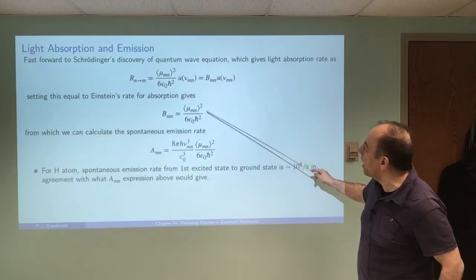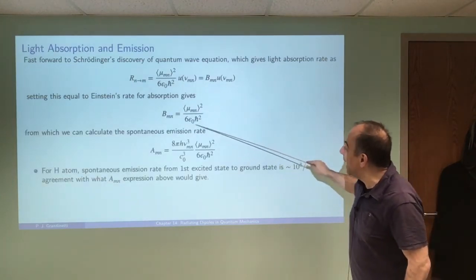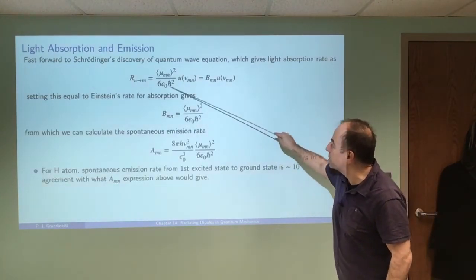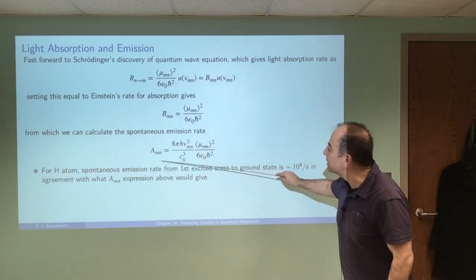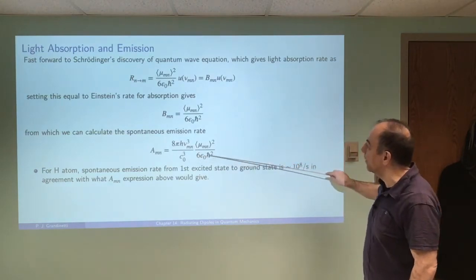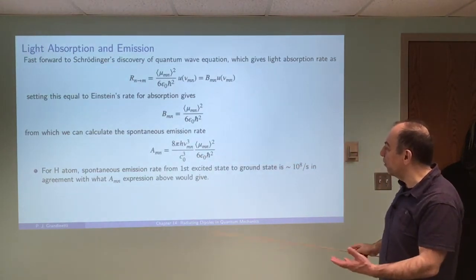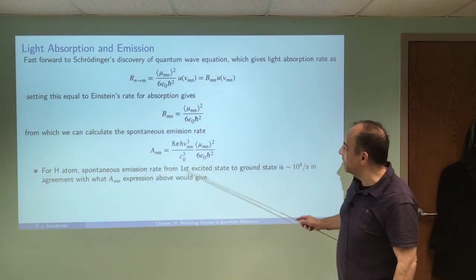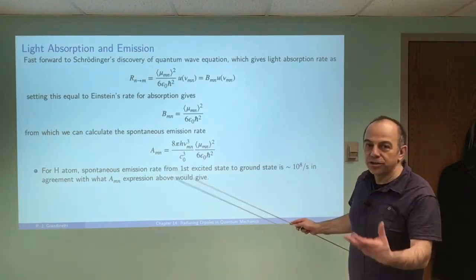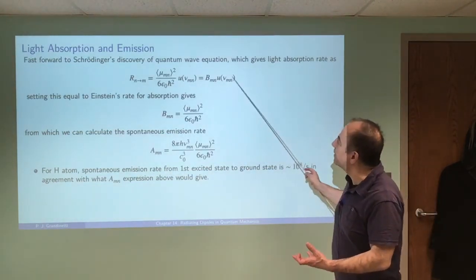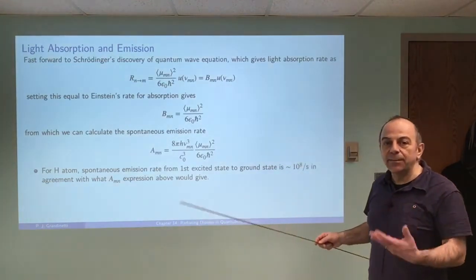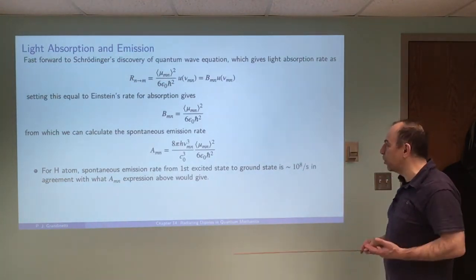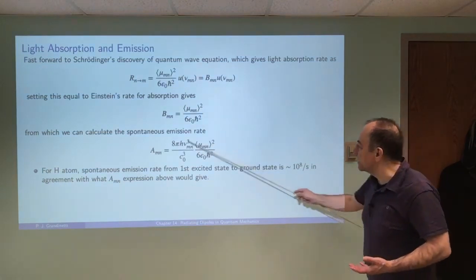We can derive this B_MN coefficient in terms of the expression that we had earlier, and then furthermore go back and get the spontaneous emission rate from that expression. So we can calculate the spontaneous emission rate using Einstein's approach and this expression that we derived for stimulated emission and absorption, to give us this spontaneous rate.